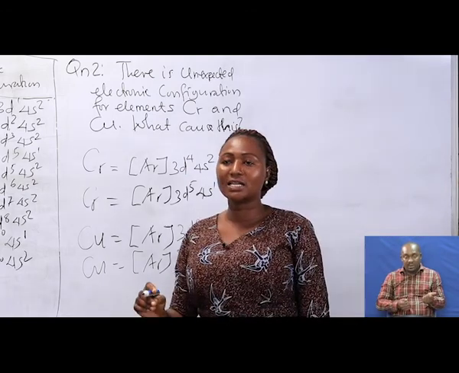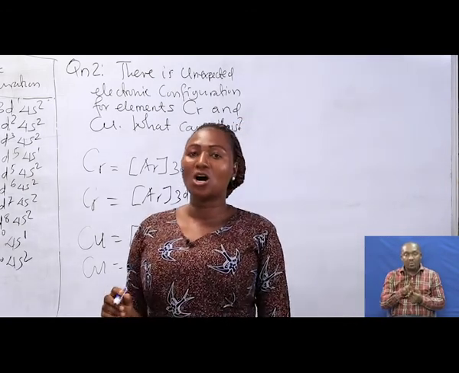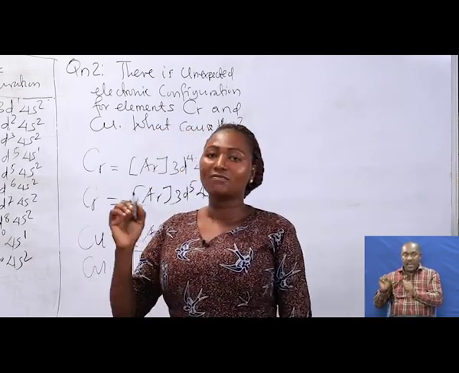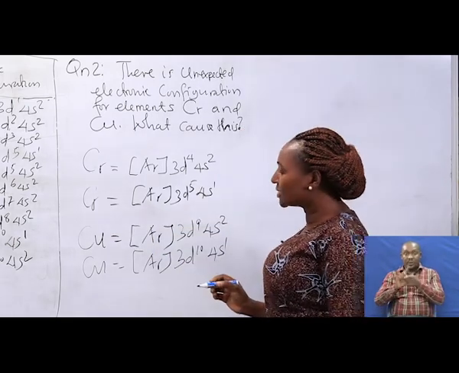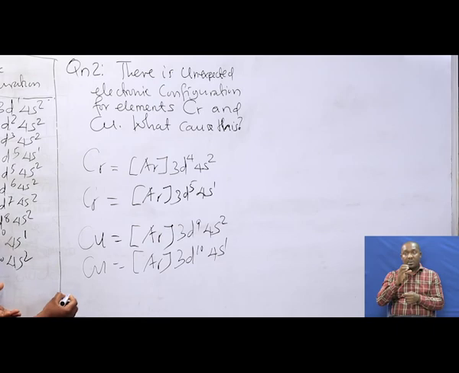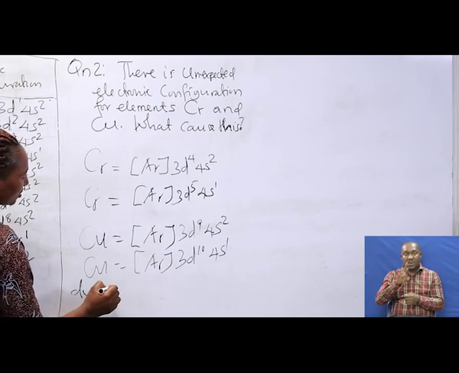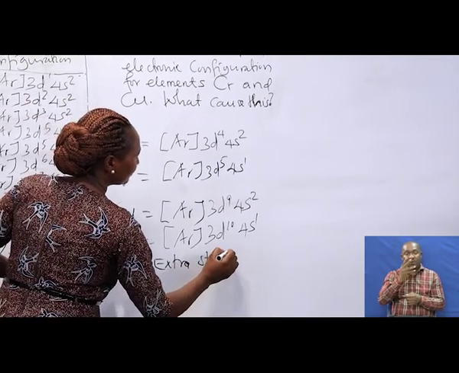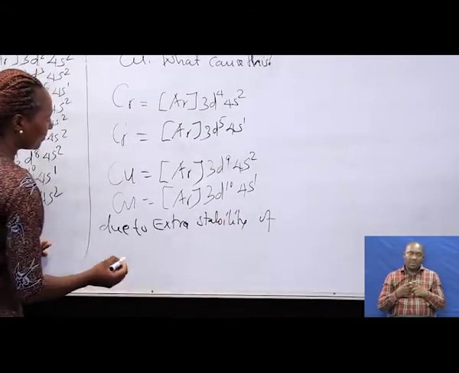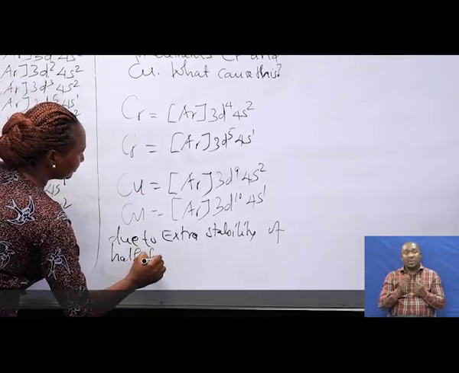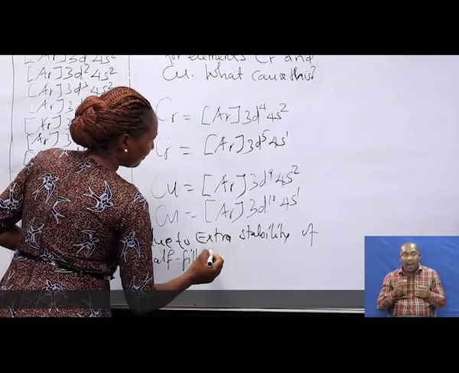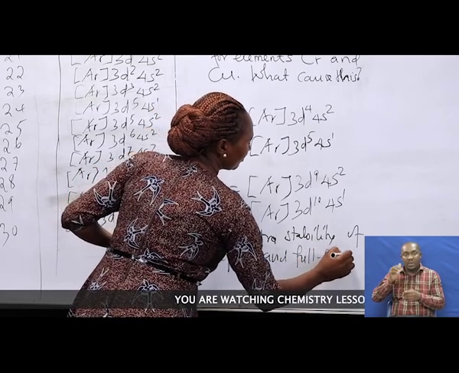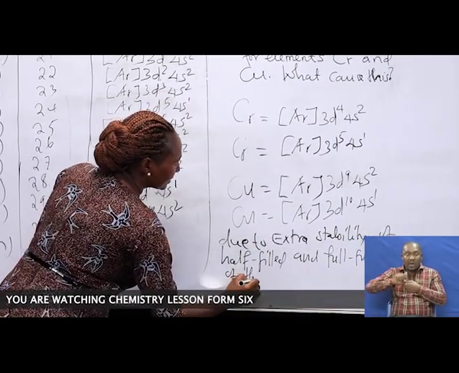Normally, the reason is due to extra stability of half-filled and full-filled d orbitals.